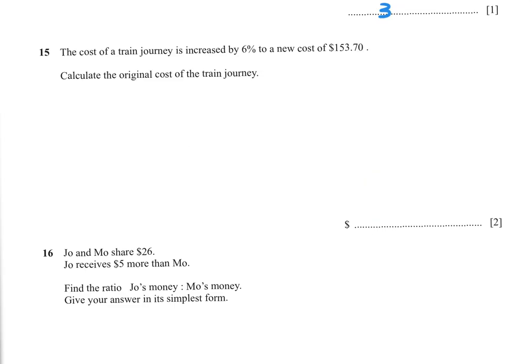Number 15. The cost of a train journey increased by 6% to a new cost of $153.70. Calculate the original cost. So increased by 6%, this means 100 increased by 6, so now 106. After the increase, the cost is 153.70, and we find the original price by cross multiplying.